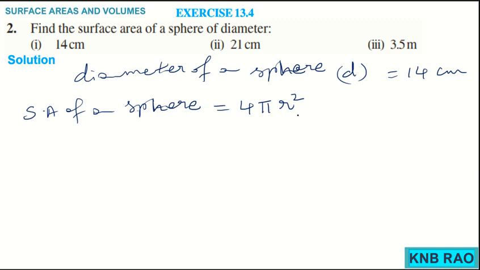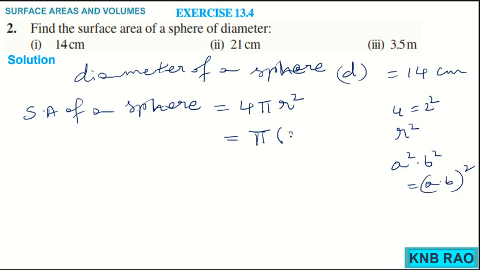There is a little modification that we can do in this formula. What is that? Pi I will write, and 4 can be written as 2 square. Thus, this 4 which is written as 2 square and r square, I will combine, a square into b square can be written as a into b whole square. Similarly, this 4 into r square can be written as 2r whole square.